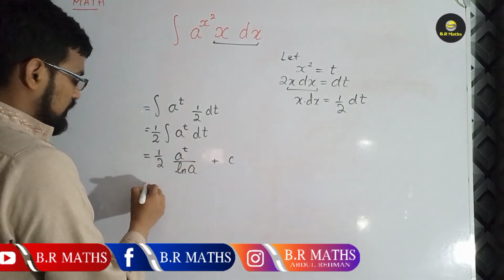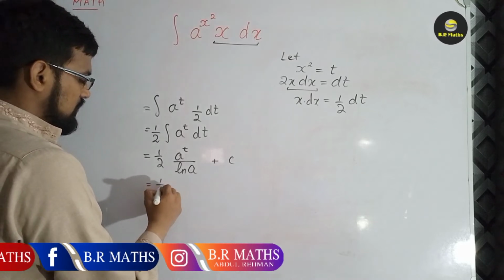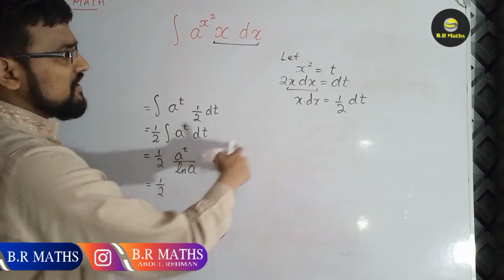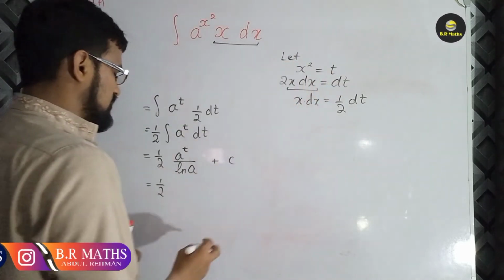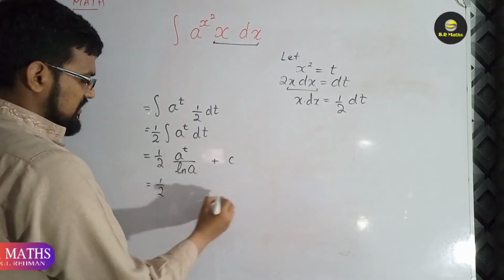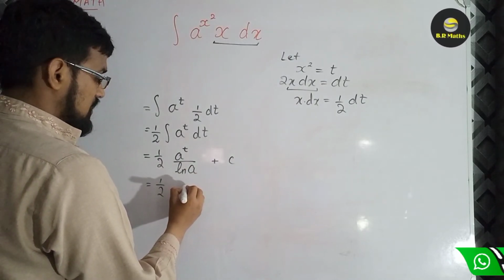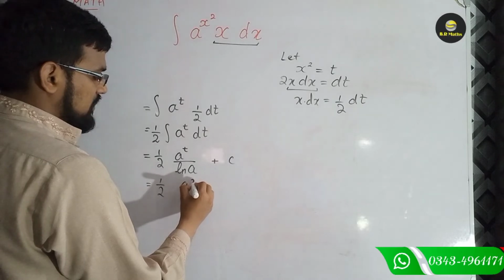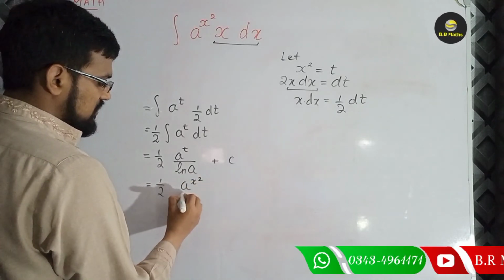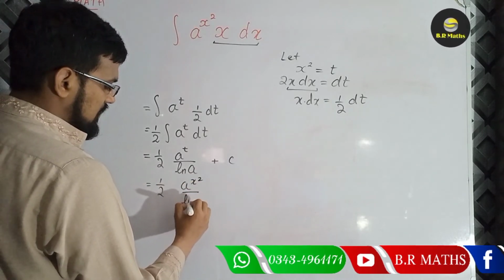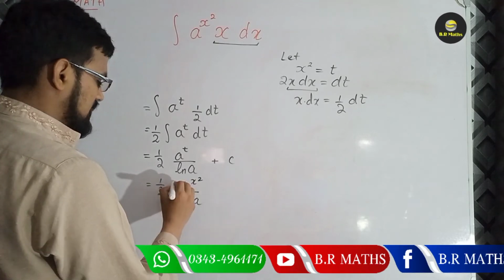And finally, a raised to power t and t is equal to x square, then the final result is a raised to power x square divided by ln of a.